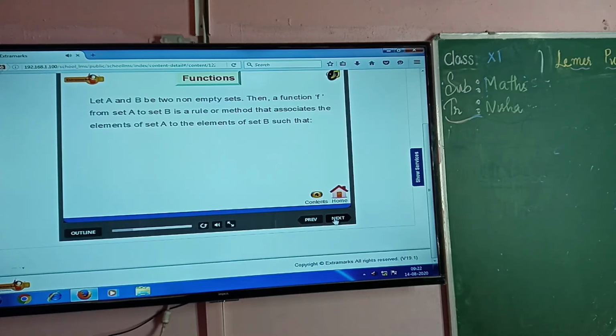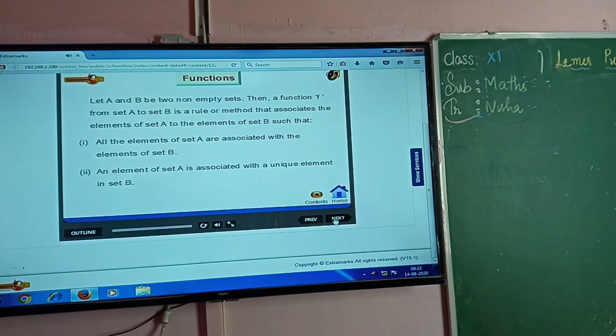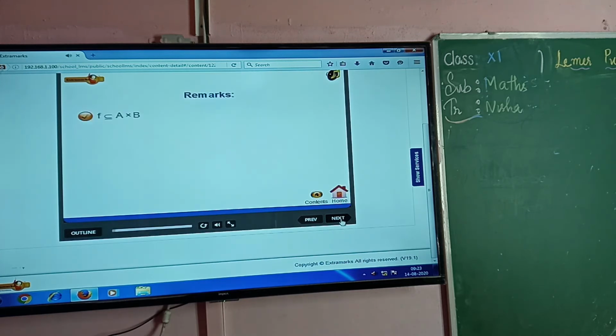Then a function f from set A to set B is a rule or method that associates the elements of set A to the elements of set B such that all the elements of set A are associated with the elements of set B. An element of set A is associated with a unique element in set B. Function f is a subset of A cross B. For every a belongs to set A, there exists one and only one b belongs to set B, such that (a, b) belongs to f.